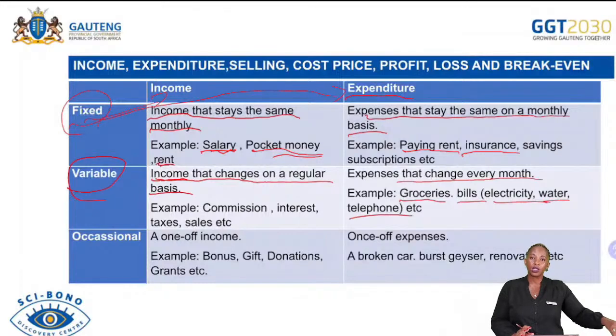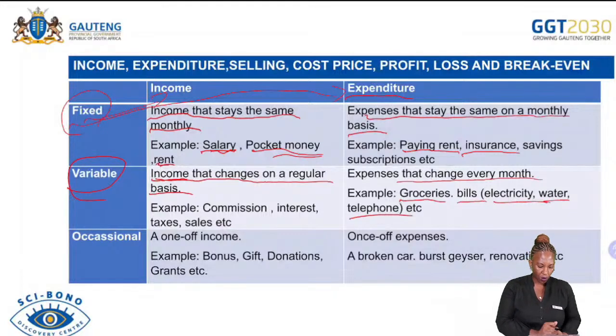But once I use it more, I'm spending all my time on TikTok, maybe on Instagram, I'm going to deplete that data very quickly. That means I'll have to spend more. I will no longer buy the LTE for 99 rand. Maybe I'll buy the 10 gig now for 149. So can you see now the expenditure varies?